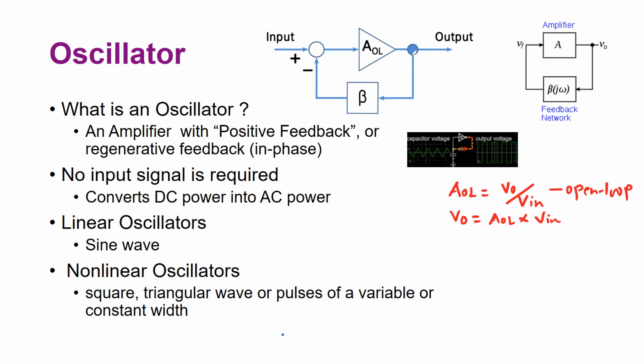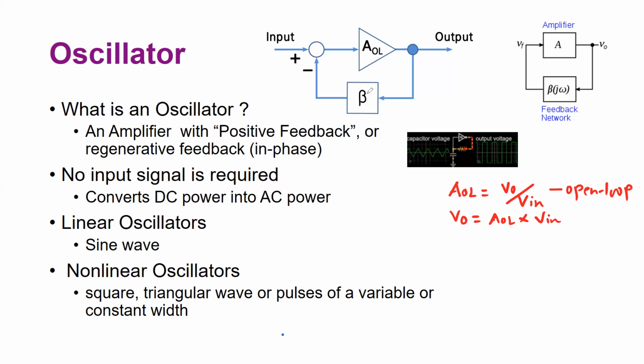In the feedback, what we do is take a portion of the output and feed it back to the input, but in between you put a feedback network, and the gain of that feedback network we call beta. Just like the gain of the amplifier we call the open loop gain, there is a gain of the feedback network indicated by beta.